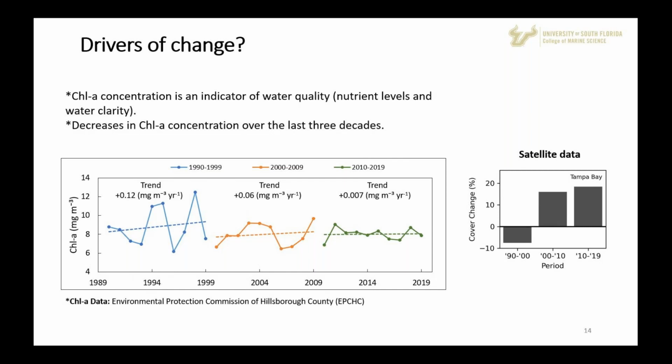It means that the water quality has been improving. So also we can see how bad the 1990s decade was for water quality and seagrass cover. But after the 2000s, we can see how the seagrass cover increased as the water quality improved.